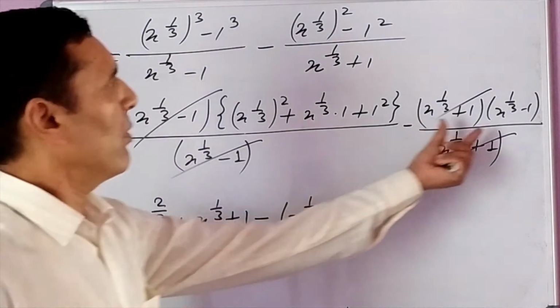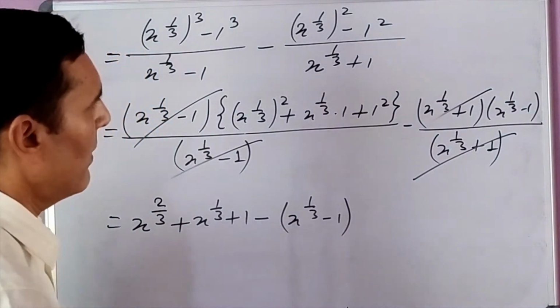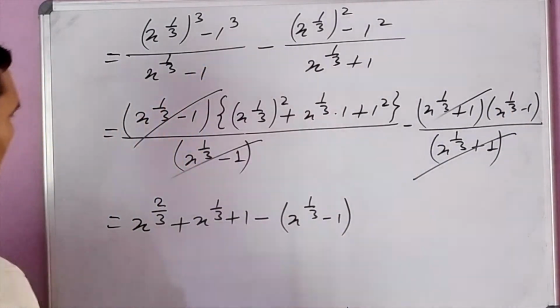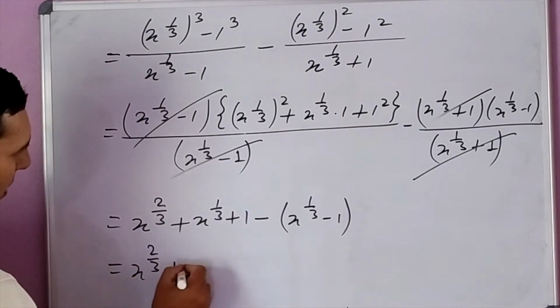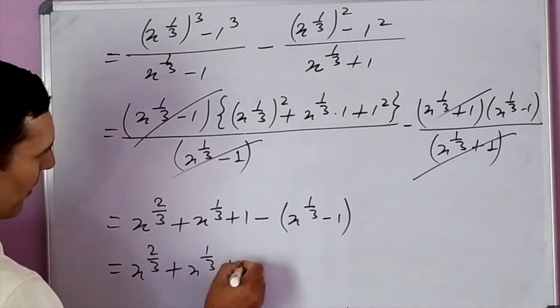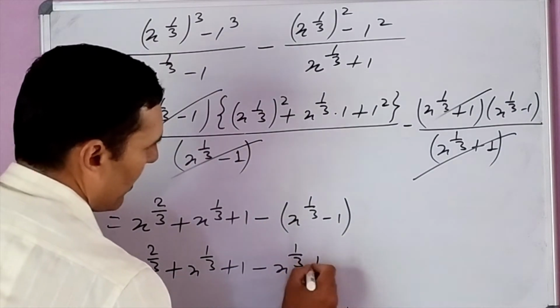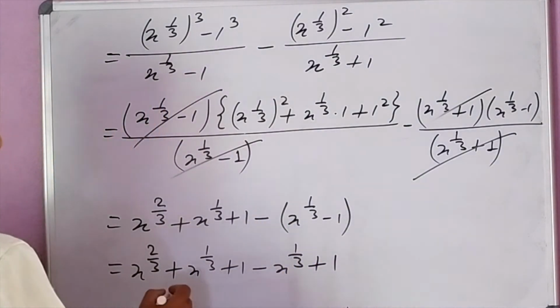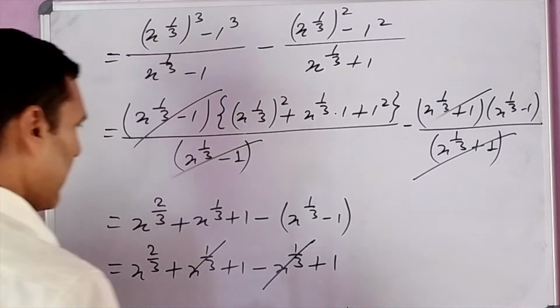We have to open this bracket with the minus sign because there is a minus in front of this bracket. When you open this bracket, we get x to the power 2 by 3 plus x to the power 1 by 3 plus 1 minus x to the power 1 by 3 plus 1, since minus times minus is plus. Now this x to the power 1 by 3 and minus x to the power 1 by 3 cancel.